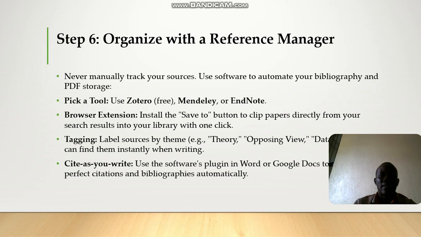Then we have step 6. In step 6, you are going to organize with a reference manager. Never manually track your sources. Use software to automate your bibliography and PDF storage. Pick a tool: Zotero, which is free, or Mendeley, or EndNote.